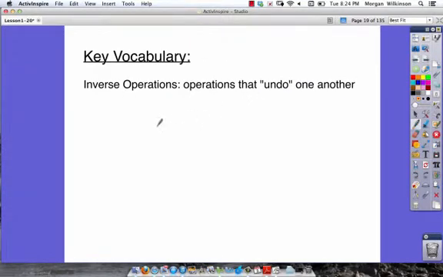Now we've got a key vocabulary term that we need to know today. It's called inverse operations. Inverse operations are operations that undo one another. So, operations that undo one another, or are opposite of each other, would be like positives, or addition, and negatives, or subtraction.